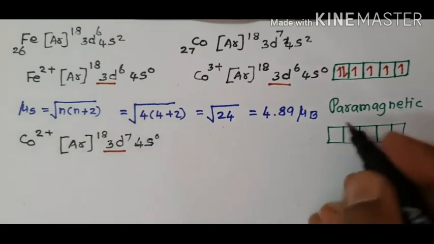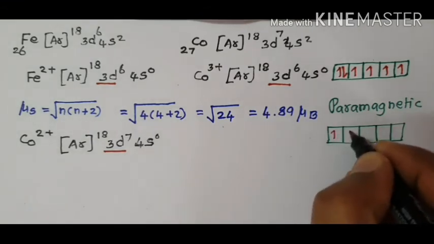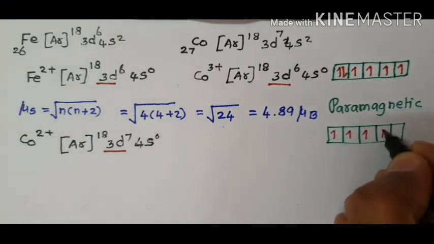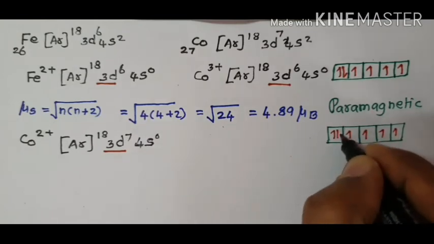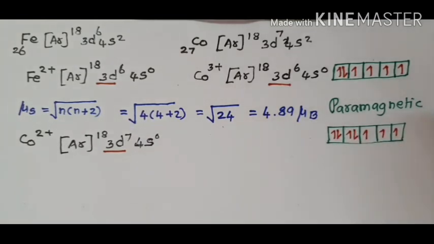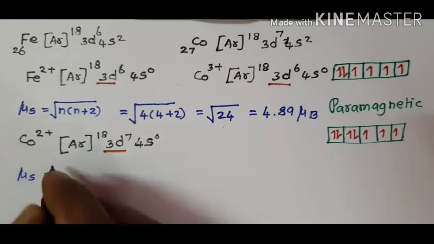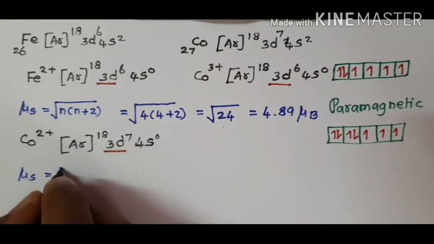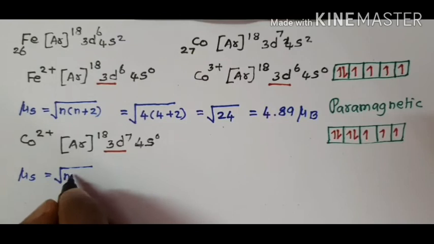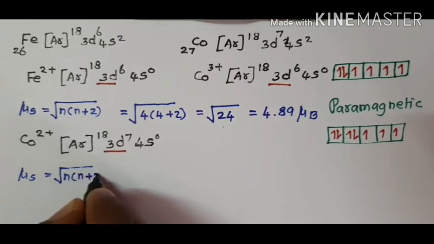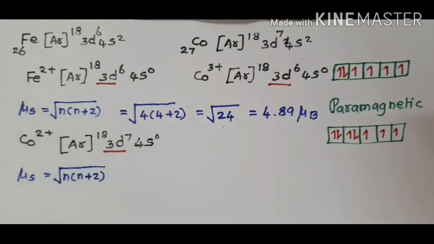According to Hund's rule, we fill 1, 2, 3, 4, 5, 6, 7. Now calculate the magnetic moment. Mu s equals root of n into n plus 2 Bohr magneton.